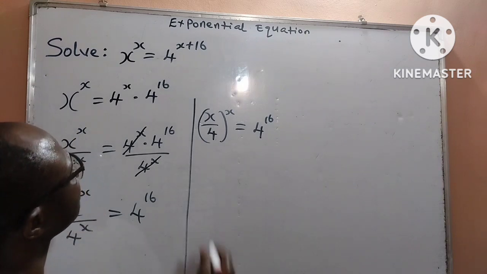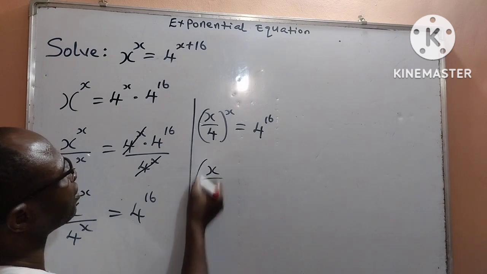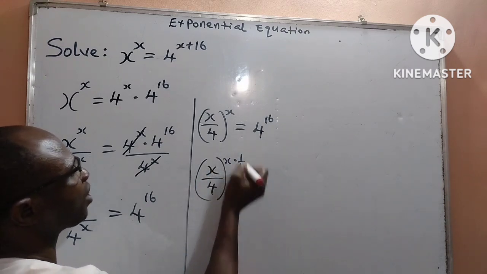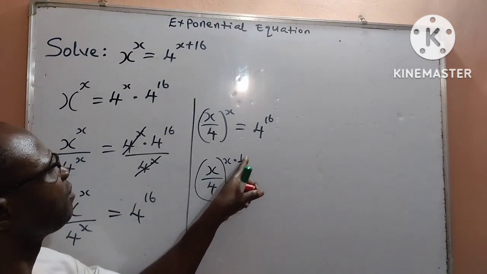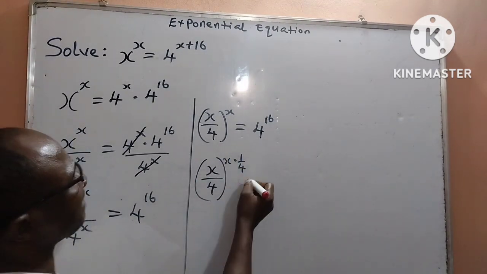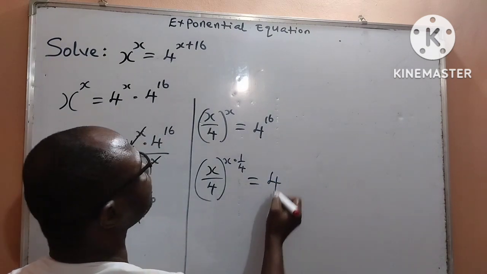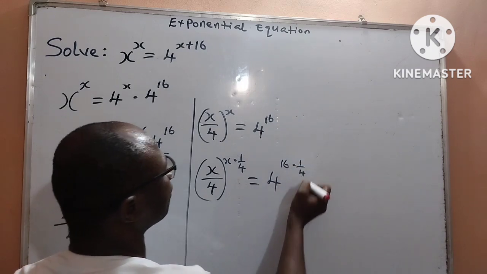What that means is that I shall now be having x all over 4 all to the power of x multiplied by 1 over 4. That is x, the power x multiplied by 1 over 4. And by the right hand side, I shall do the same thing, which is 4 to the power of 16 multiplied by 1 all over 4.